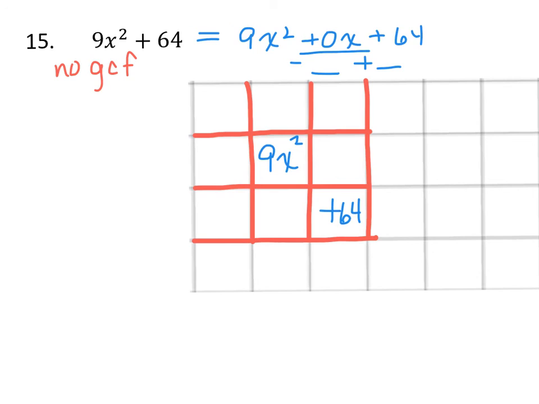So 9 times 64, we'll grab a calculator here, is 576. And 576 is going to have a lot of factors.